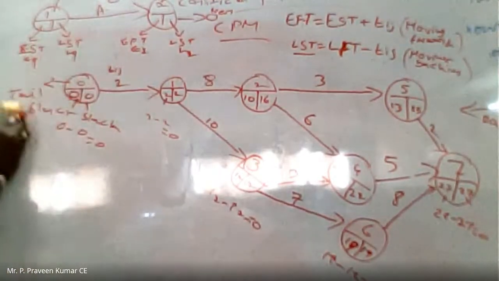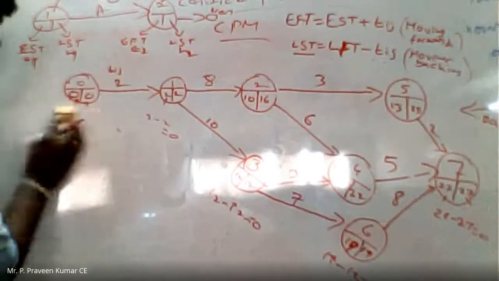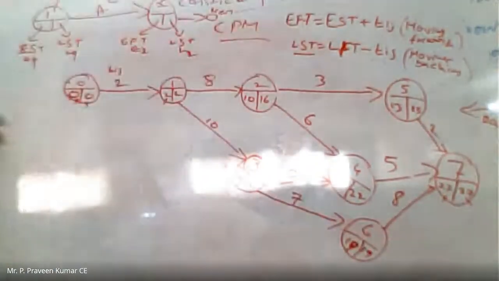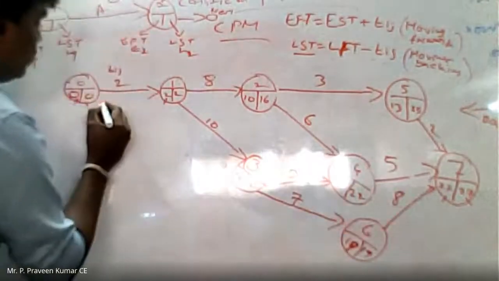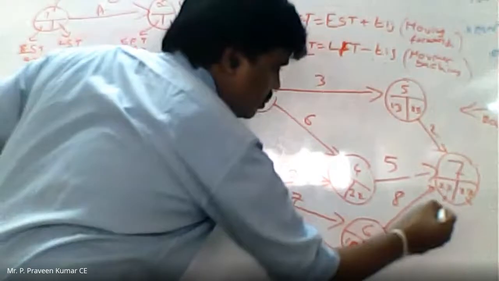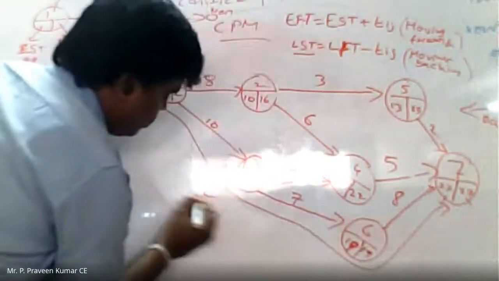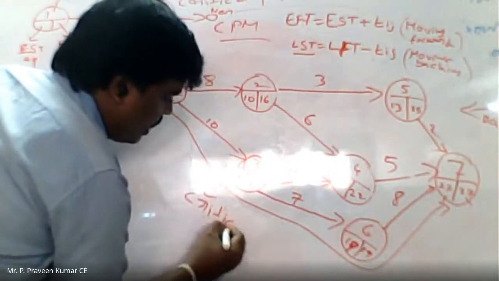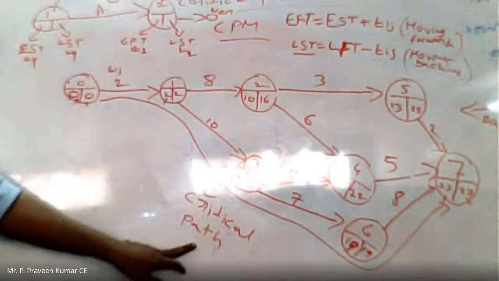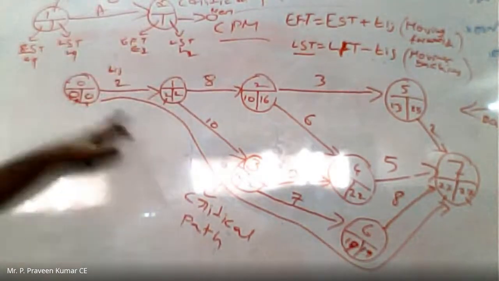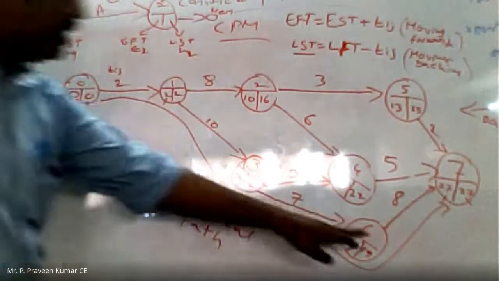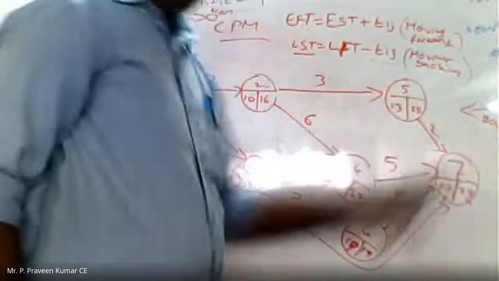Now see here, I will draw a double line. These values are getting 0, right? So this path is the critical path. This path is the critical path, that is 0 to 1, 1 to 3, 3 to 6, 6 to 7.